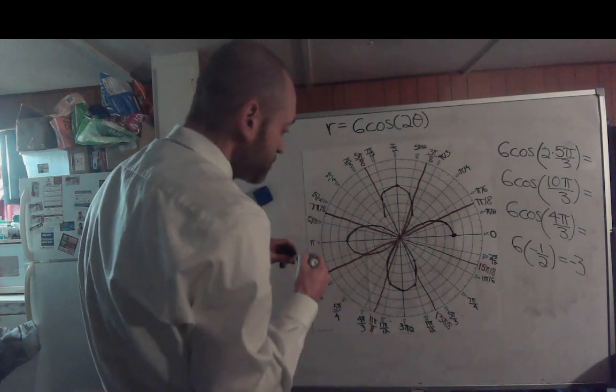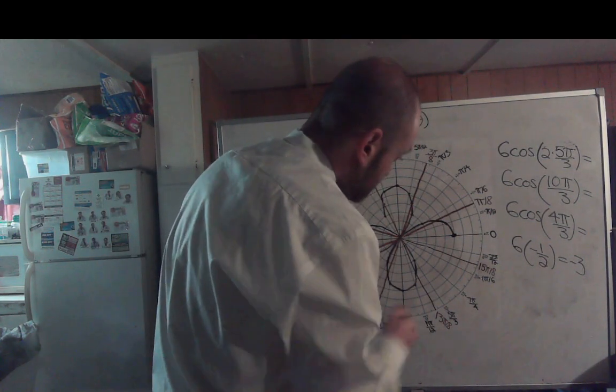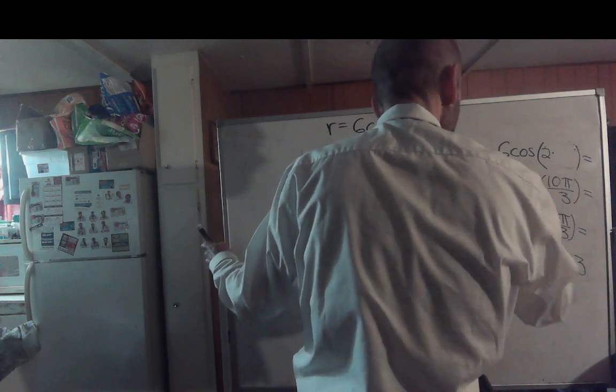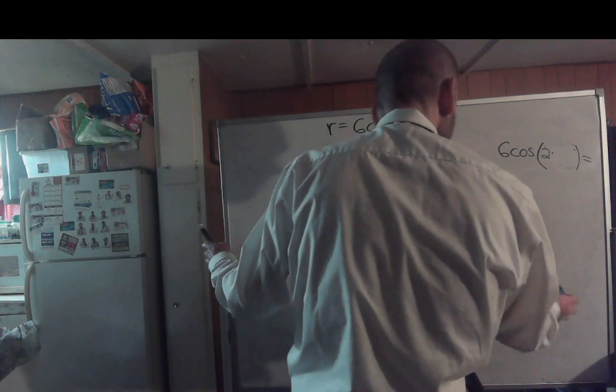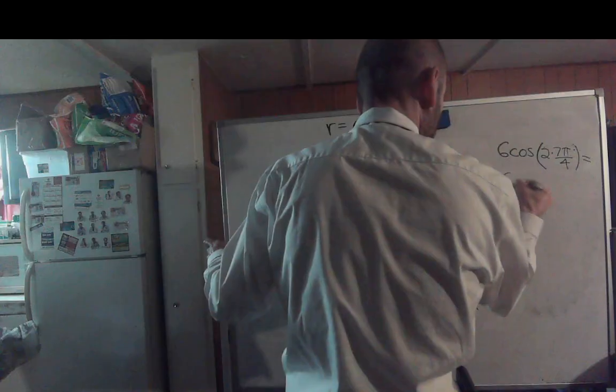And then we need to do 7 pi over 4. So 2 times 7 pi over 4 would give me 7 pi over 2.